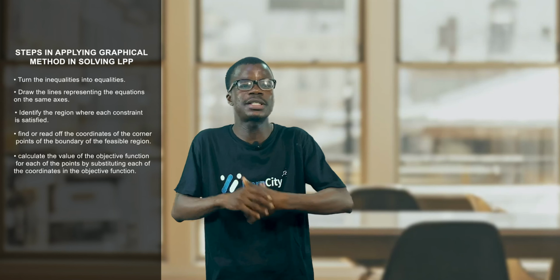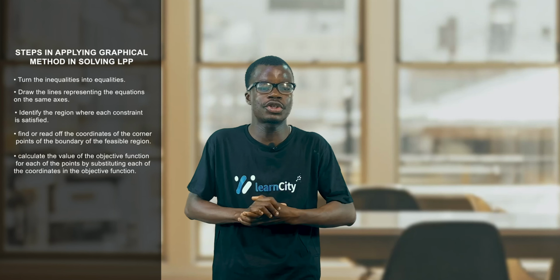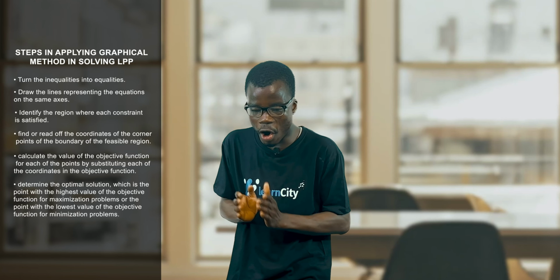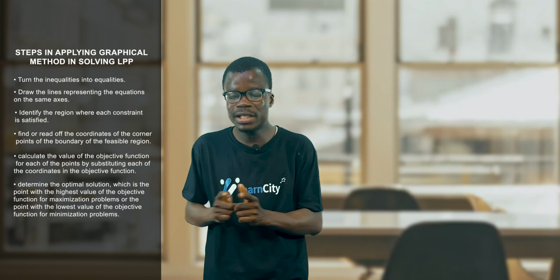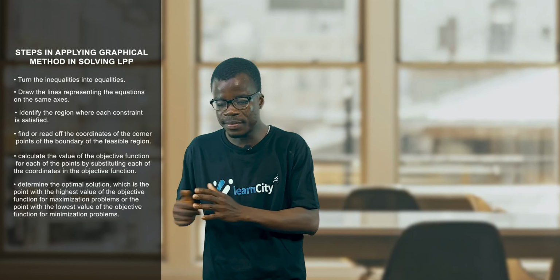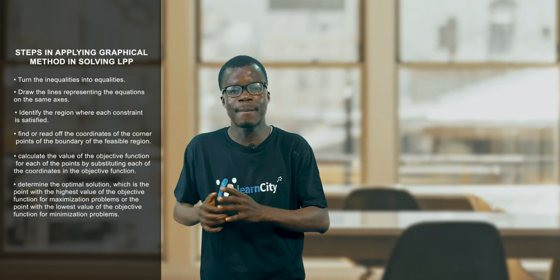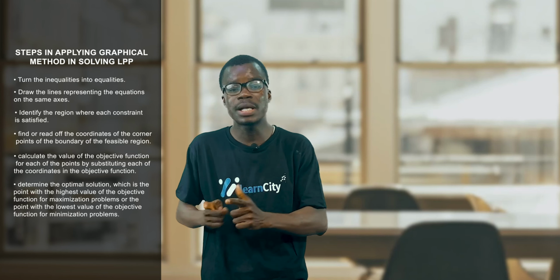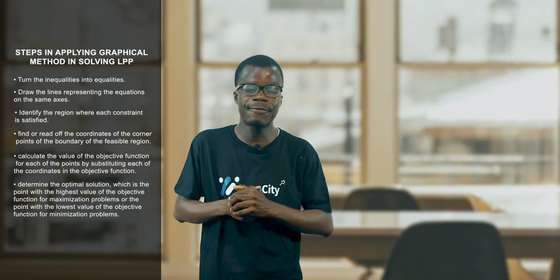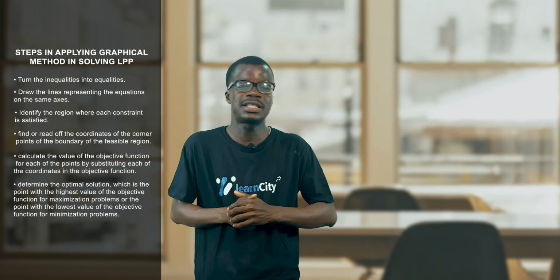Now, after substituting them in the objective function, the last step is this. Then determine the optimal solution, which is the point with the highest value of the objective function for maximization problems, or the point with the lowest value of the objective function for minimization problems.